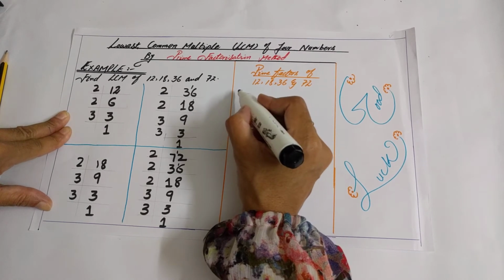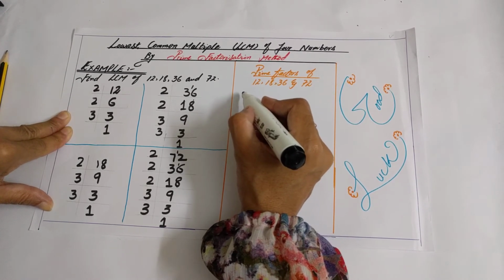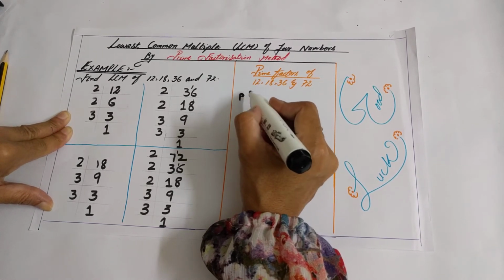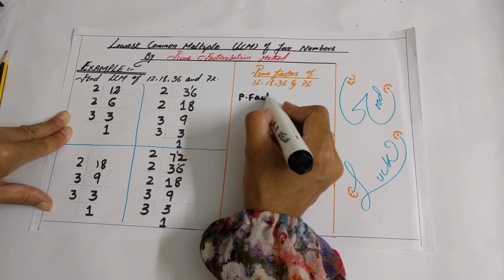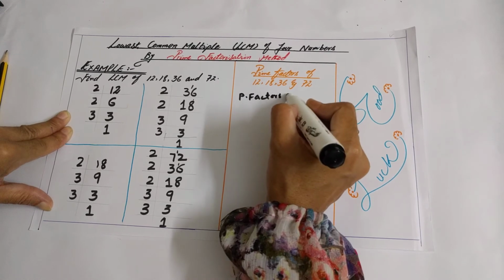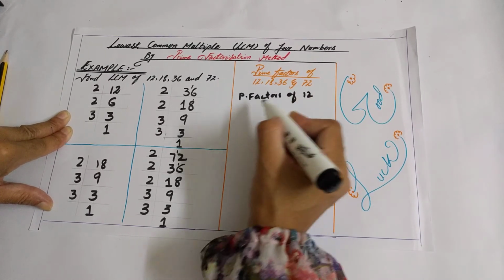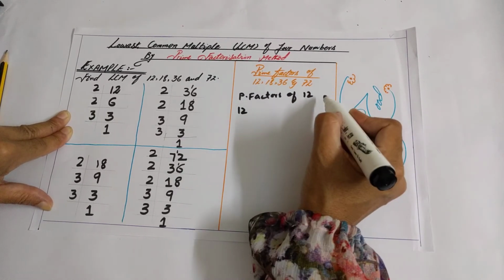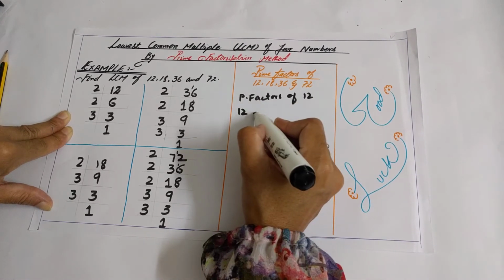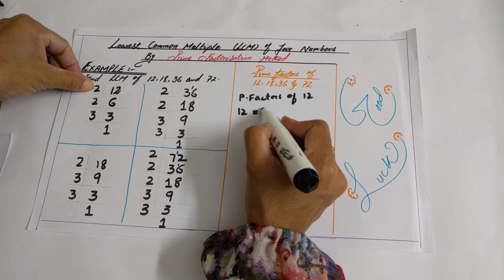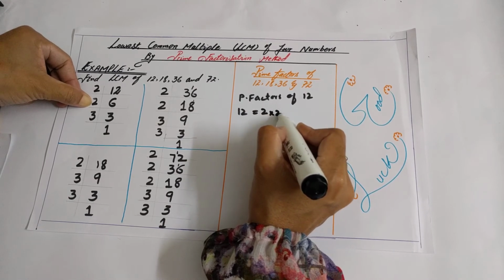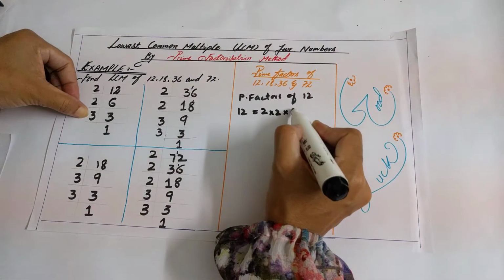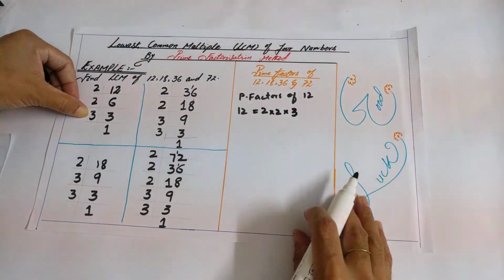Prime factors of 12. What are the prime factors of 12? 2 multiplied by 2 multiplied by 3. These all are the prime factors of 12.